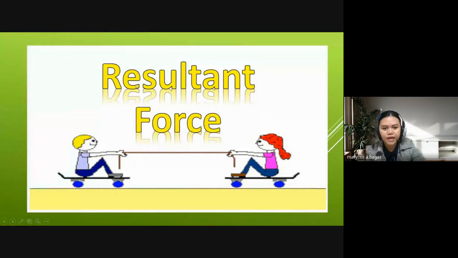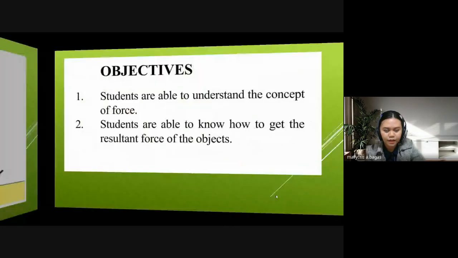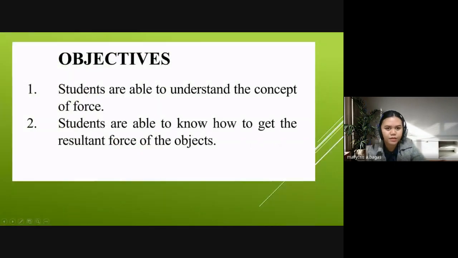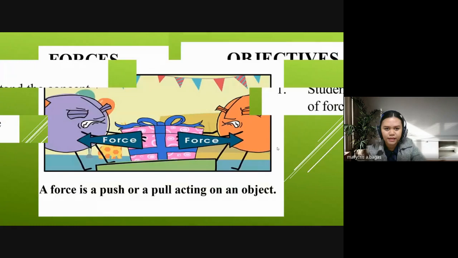Resultant force. Our objective for this lesson is that students are able to understand the concept of force, and to know how to get the resultant force of an object.